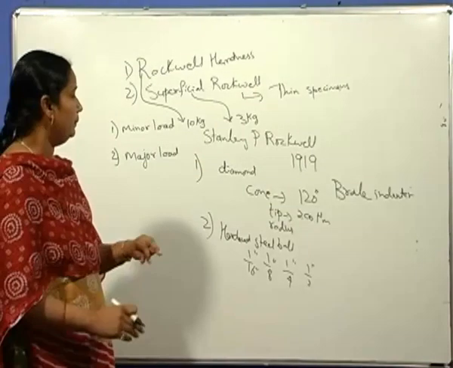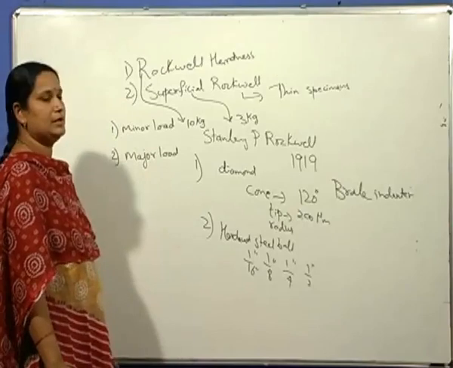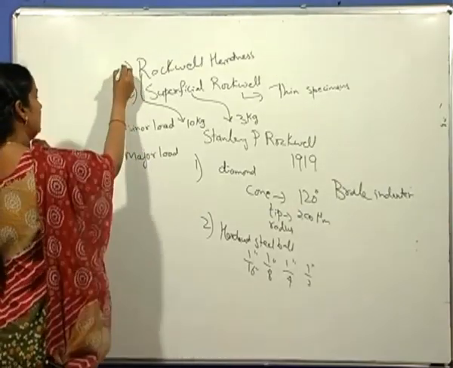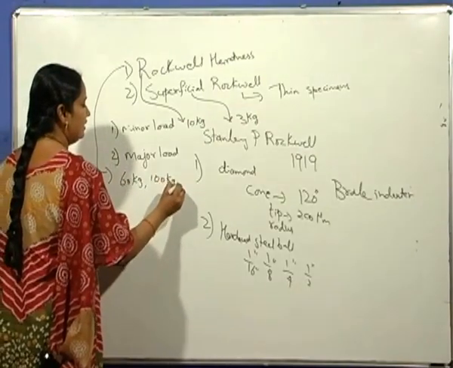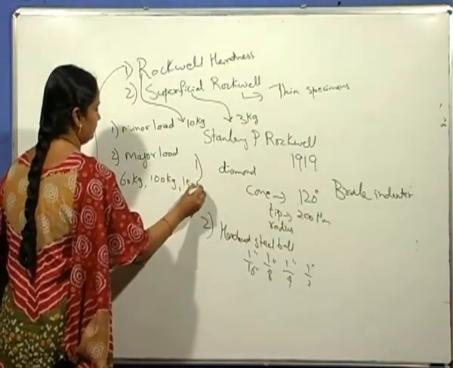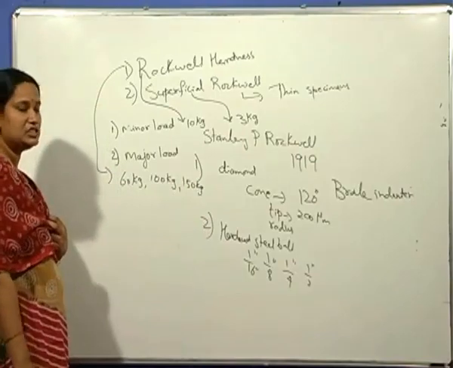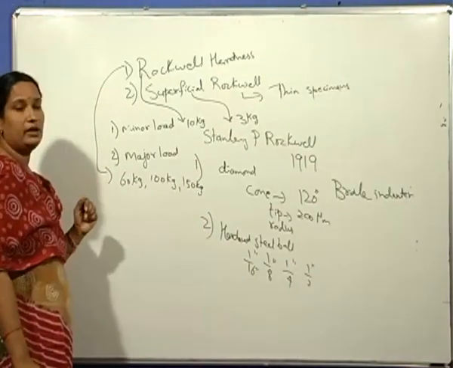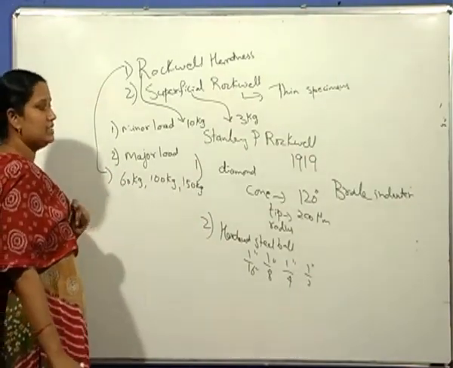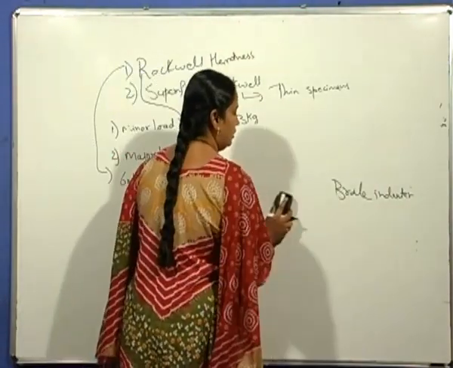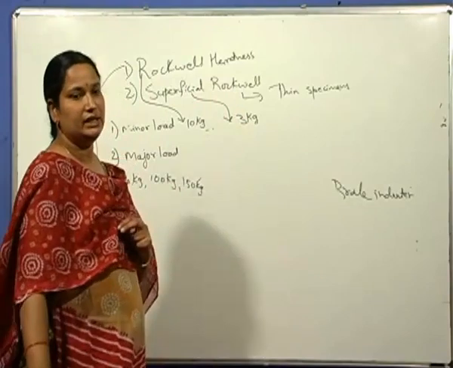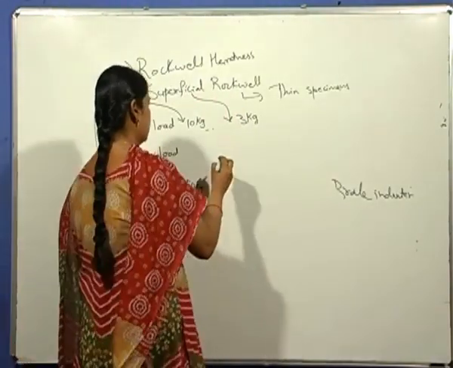and that corresponds to the hardness number. The major loads that are used for the case of Rockwell hardness are about 60 kg force, 100 kg force and 150 kg force. These are the major loads that are used for Rockwell hardness. And for the case of superficial hardness, the loads that are used are 15, 30 and 45 kg force.